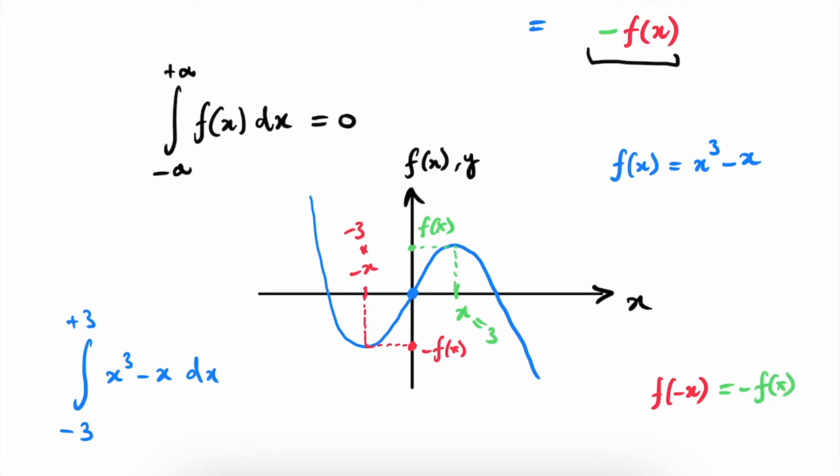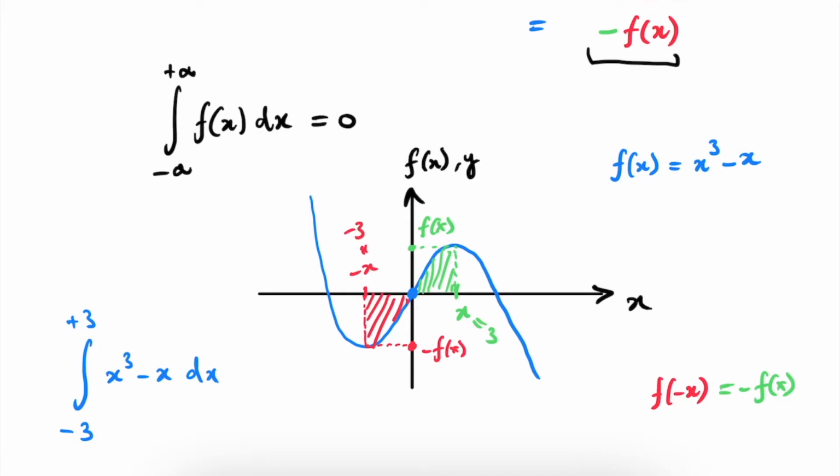Well, let's see what the area under the curve is. From -3, we integrate and we see that we're calculating this area right here. However, we cross the 0 point, and once we have crossed, we see that we're integrating this positive area right here. And we know from integration that areas beneath the x-axis are counted negatively, and areas above the x-axis are counted positively.